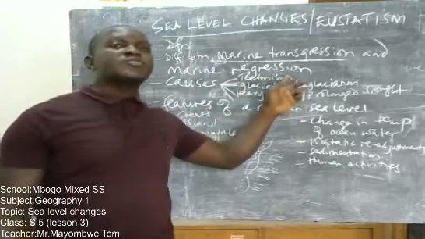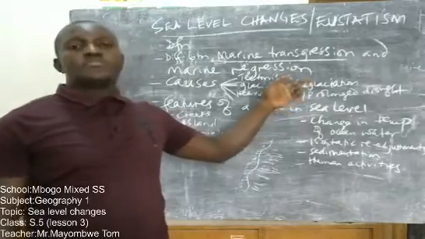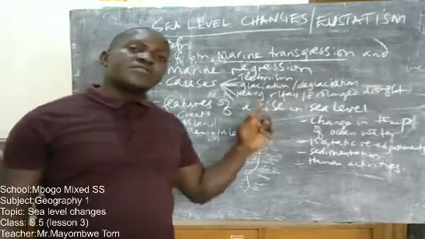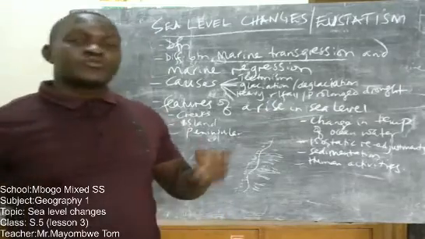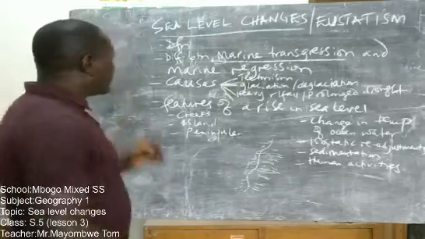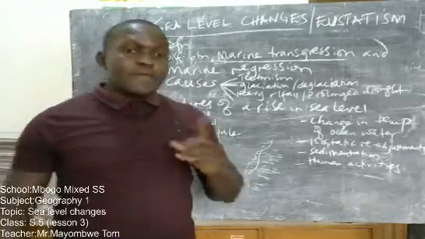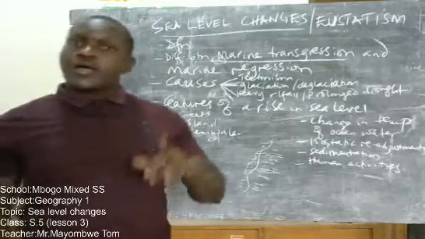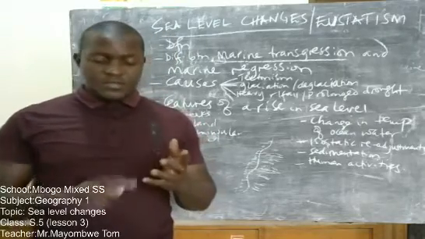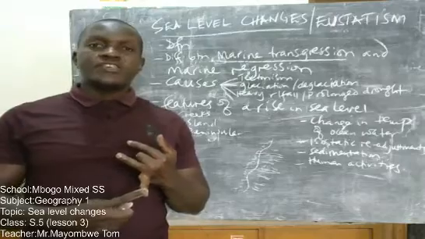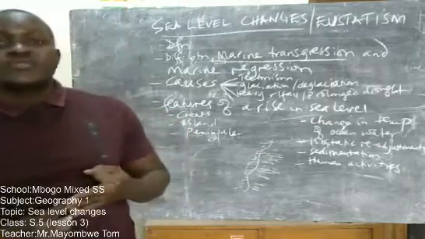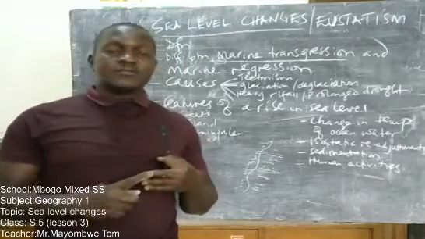So if they ask you to differentiate between marine transgression and marine regression, such a question may carry 6 marks. Define each, show what causes each, and then the associated features.